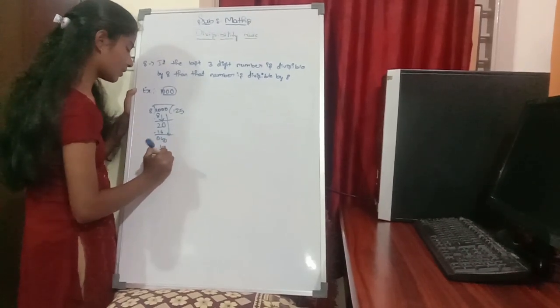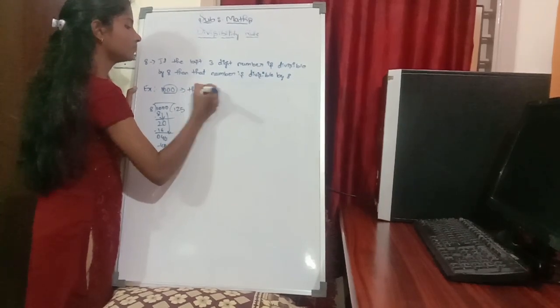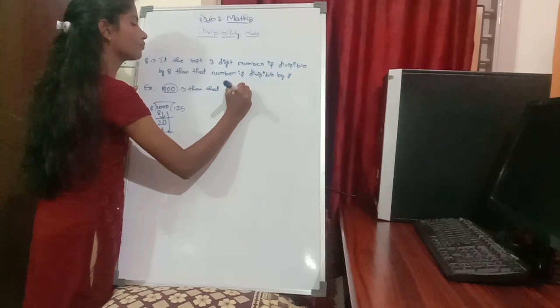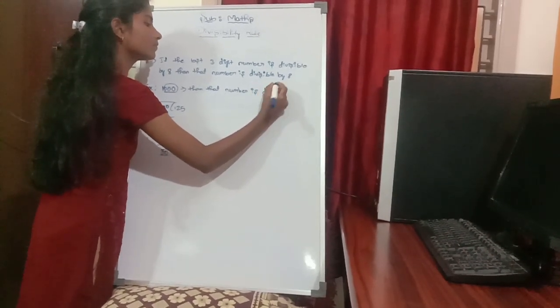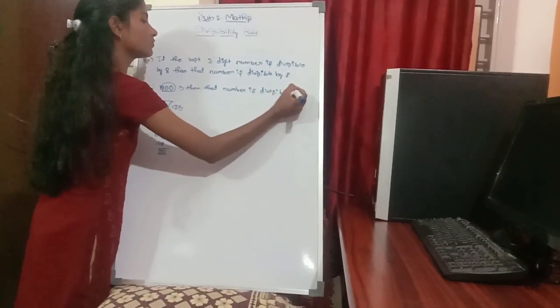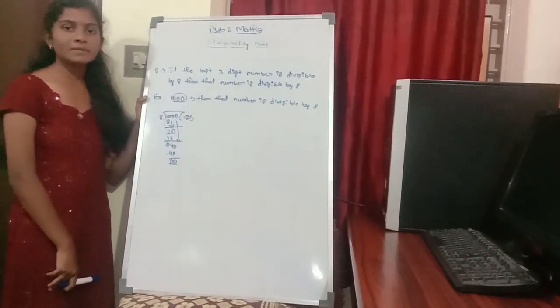Here 1000 is completely divisible by 8. Then that number is divisible by 8.